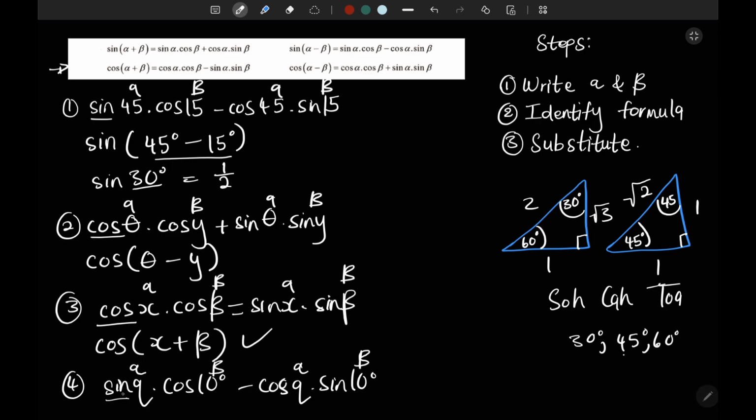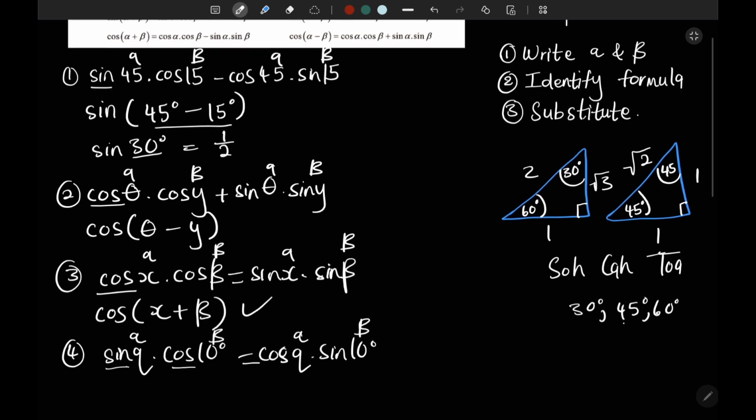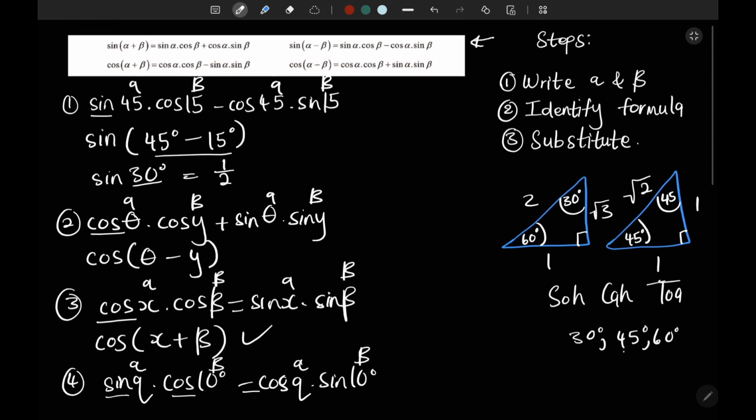So where do we have sine alpha times cos beta minus? Here we have sine alpha times cos beta plus, so it's definitely not that one. Let's look at the other one. We have sine alpha times cos beta minus cos alpha times sine beta, so it's definitely that one. We've completed step 2. We know our formula.